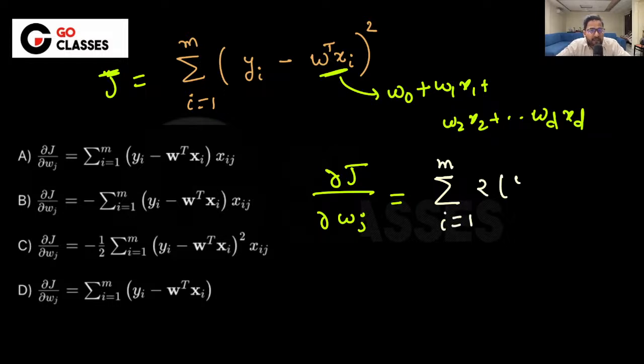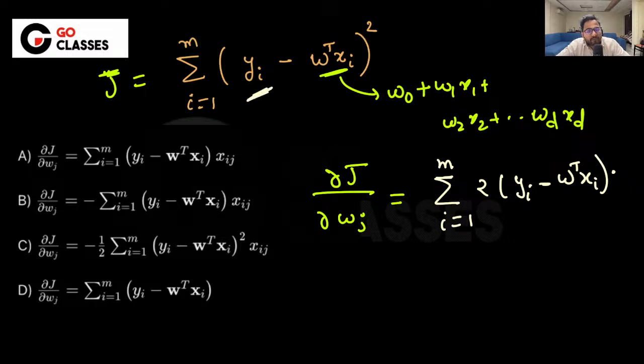2 into yi minus the whole quantity w transpose xi into, or if you are a little bit confused, then you can write 2 into yi minus the whole thing w naught plus w1 x1, like this. So basically the point here is that it will be 2 into yi minus w transpose xi only, into the differentiation of this with respect to wj.